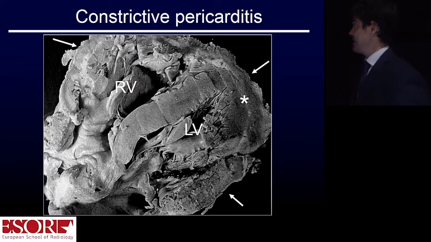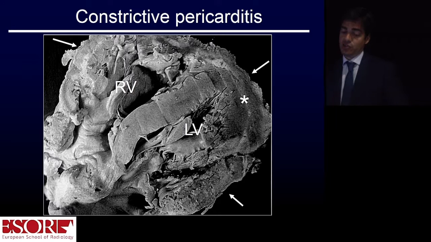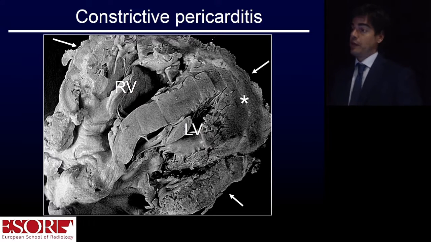In constrictive pericarditis, we have to look at morphology and diastolic function because there is a thickening of the pericardium, which becomes inelastic. Very often it has calcifications, and this impedes the diastolic relaxation of the heart, which contracts badly, with a series of abnormalities we can see.